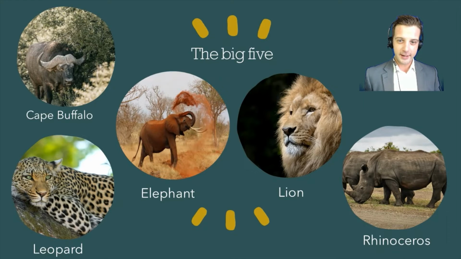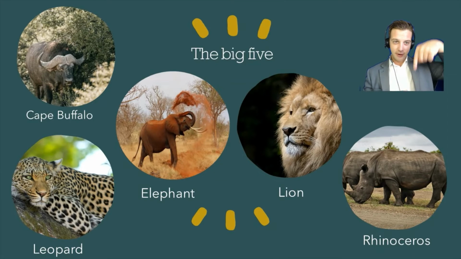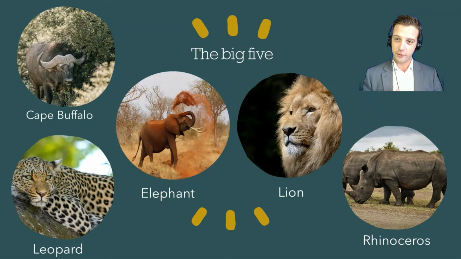Moving to the next animal, elephant. The elephant has a really long nose called a trunk. The next one is a lion, and the lion is considered to be the king of the jungle because it's the largest of the big cats. Directly beneath me, we have the rhino or rhinoceros.